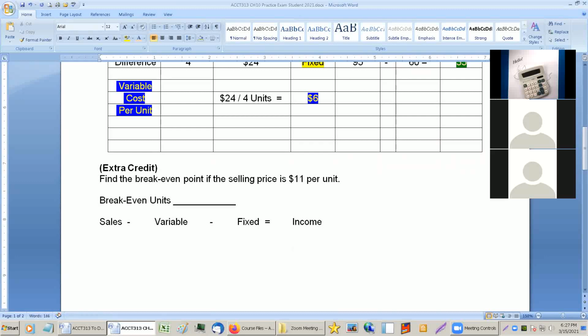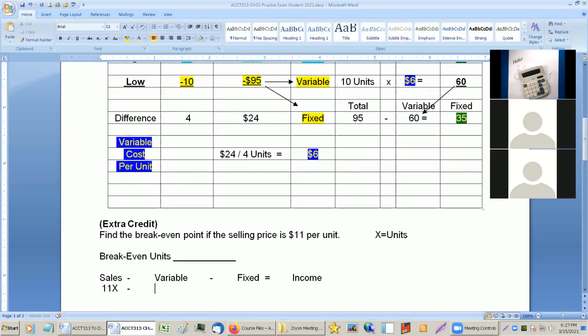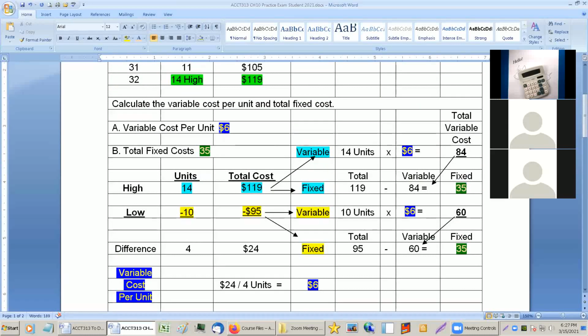So if the selling price is $11 per unit, let's make X equals units. So this would be 11X minus the variable cost, which is $6.